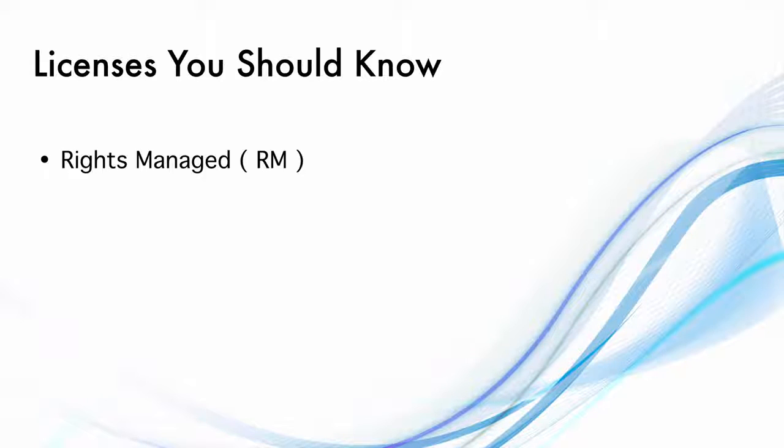One of the most famous websites for this is getty.com, and the images can be pretty expensive, actually really expensive. This is also used by a lot of news agencies and advertising and marketing agencies. So this is the first kind of license that you should know about, rights managed.